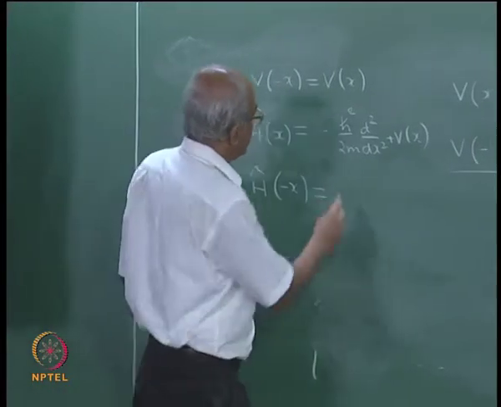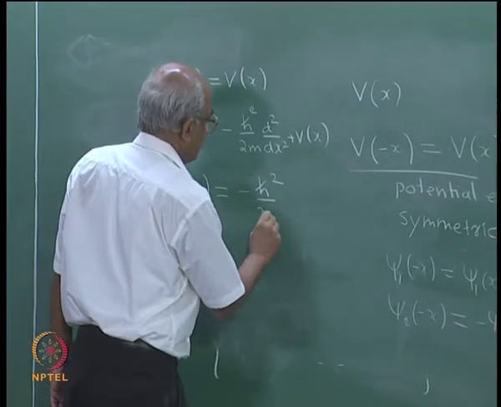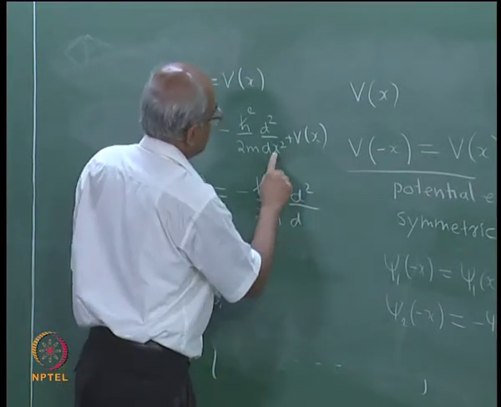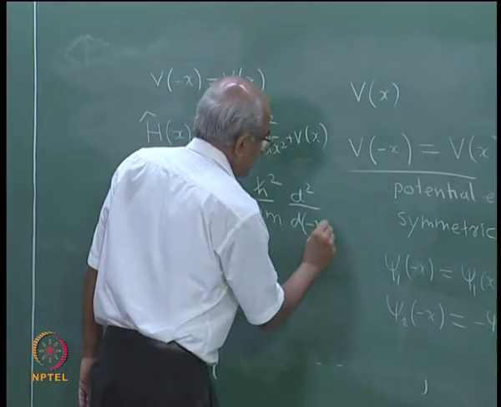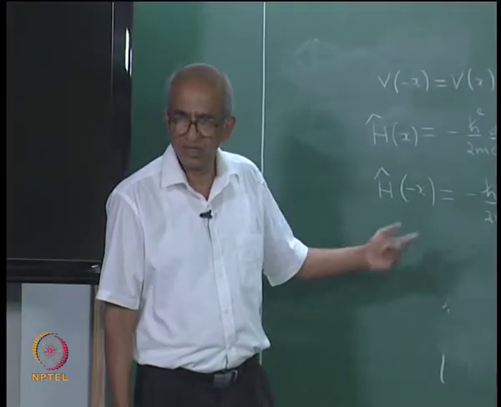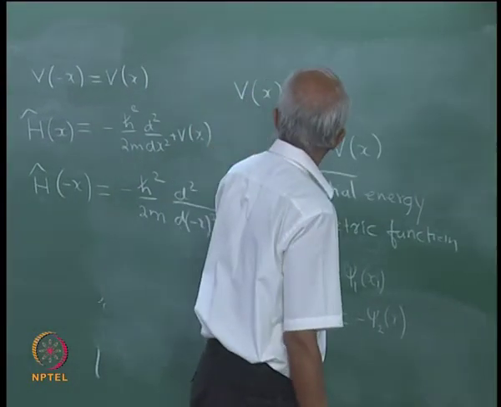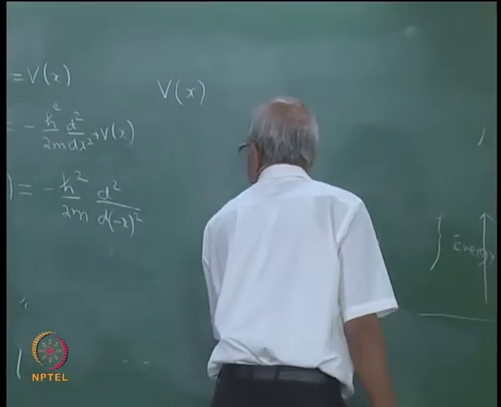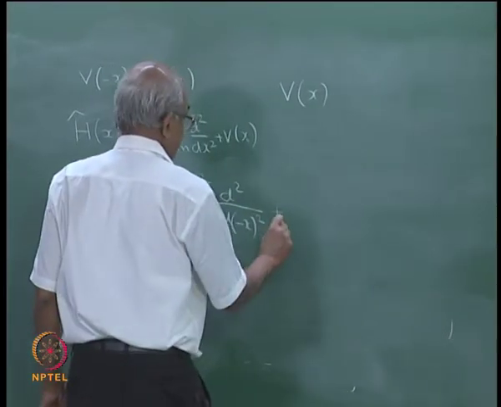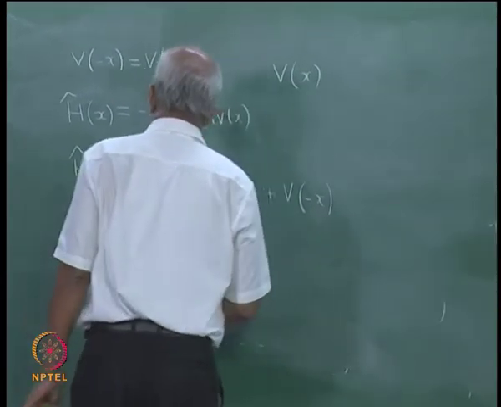So, this term will become minus h cross square by 2m d square upon d of minus x square, that is all that is going to happen, plus v of minus x.